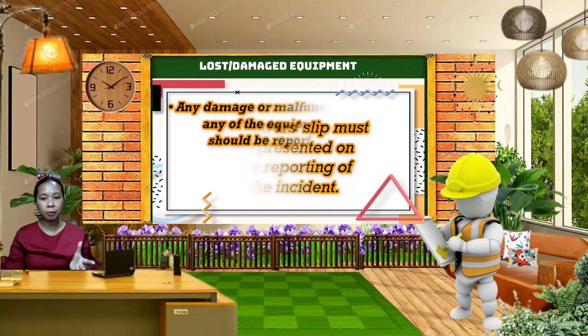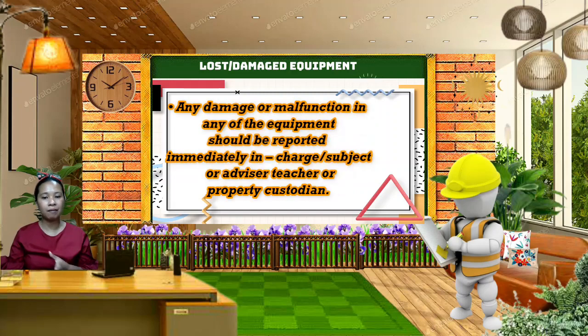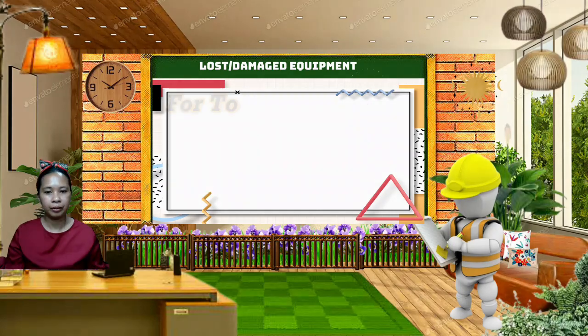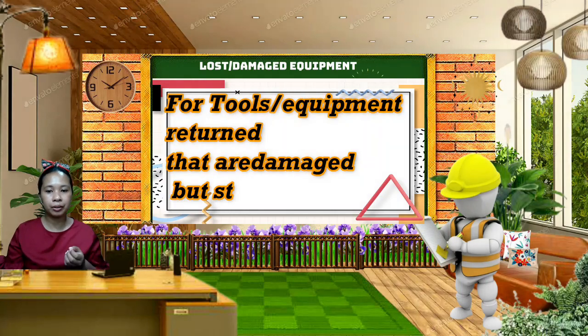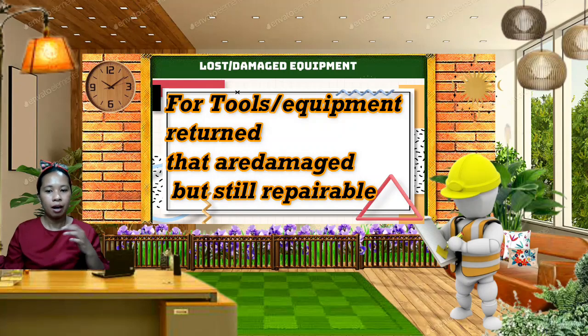For the damaged equipment, any damage or malfunction in any of the equipment should be reported immediately to the in-charge or subject advisor, teacher, or property custodian. For tools or equipment returned that are damaged but still repairable, the item must be identified with the proper details and stock card. For the equipment, the in-charge or subject advisor, teacher, or the property custodian should fill out a material requisition form.